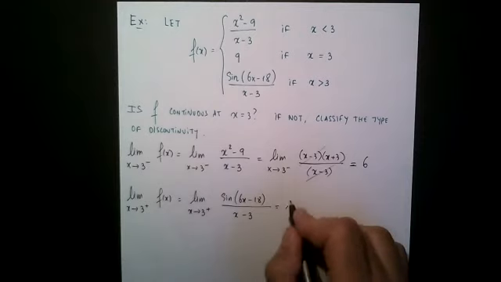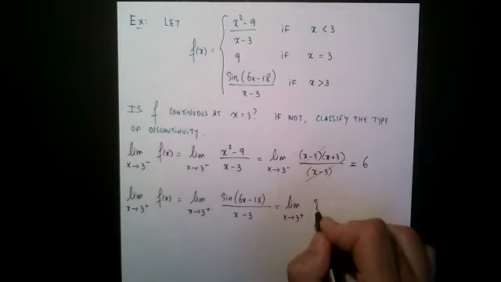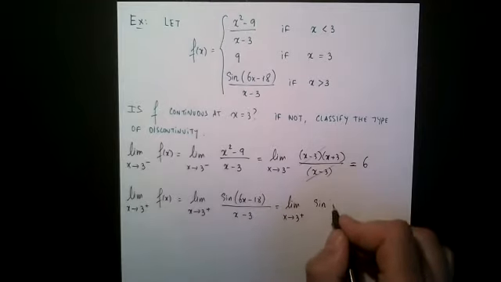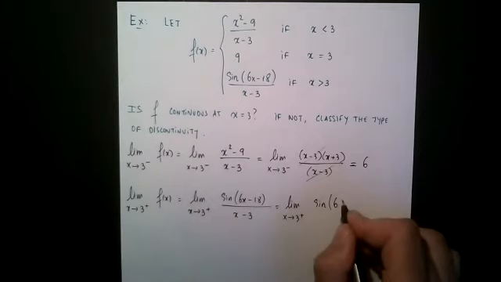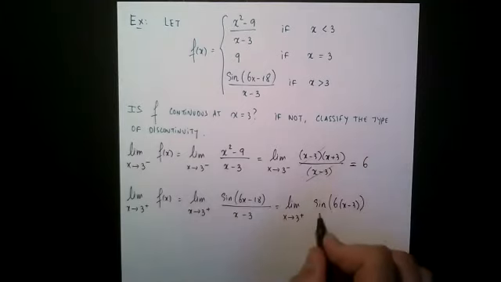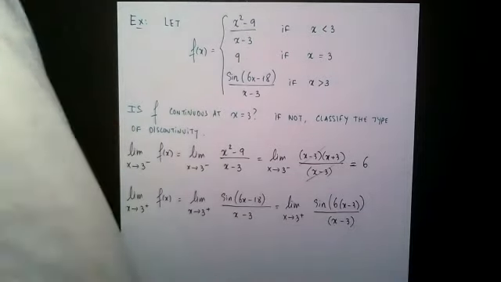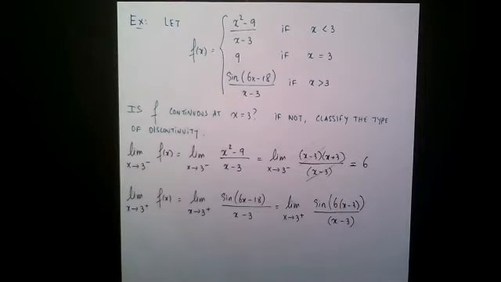So what I'm going to do is this. Limit as x approaches 3 from the right of sine of, and here I could extract a 6 inside, so 6 times x minus 3, over x minus 3. It would be perfect if there was a 6 here.